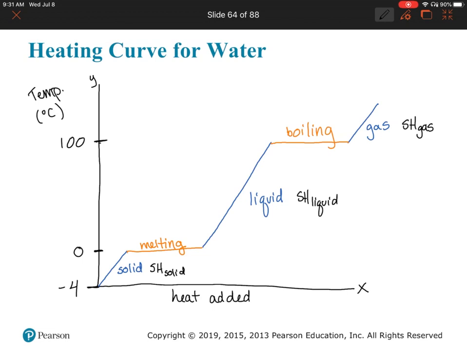And then we also talked about a heat of fusion and a heat of vaporization. So the heat of fusion is the amount of heat needed to melt ice or some other substance's solid. So we'll write heat of fusion above melting here. And then the heat of vaporization is associated with boiling.